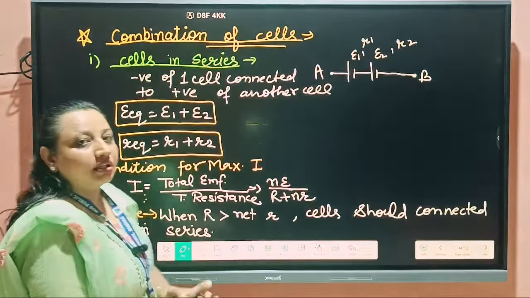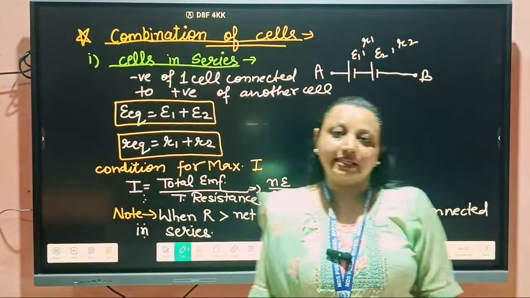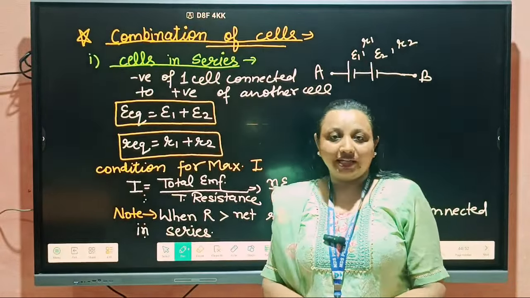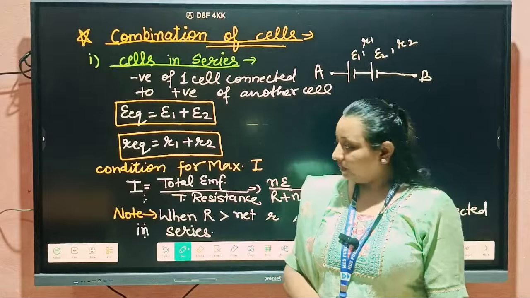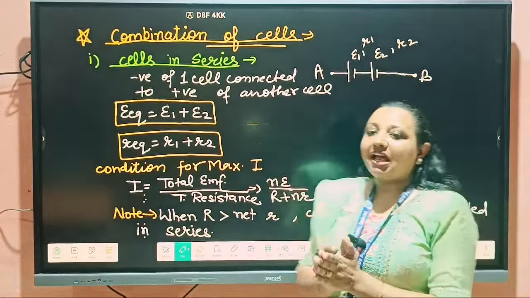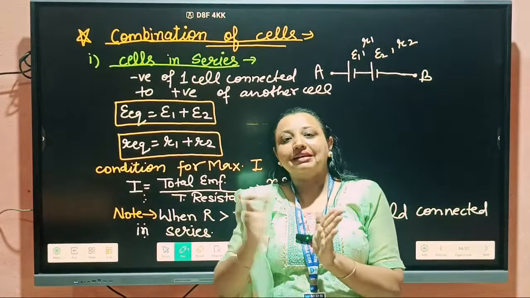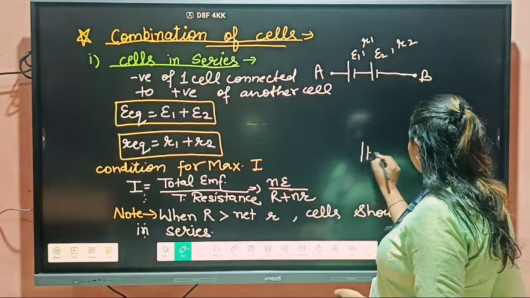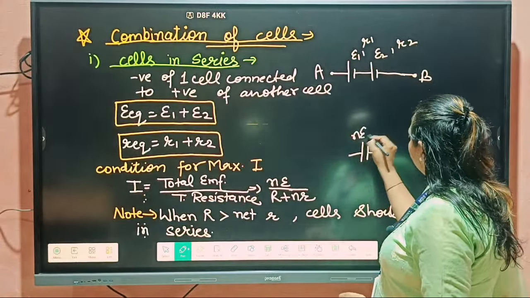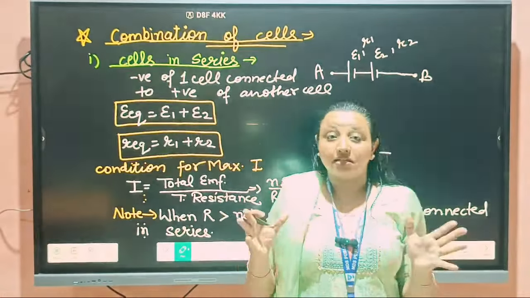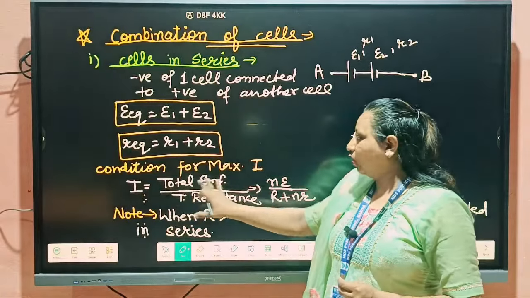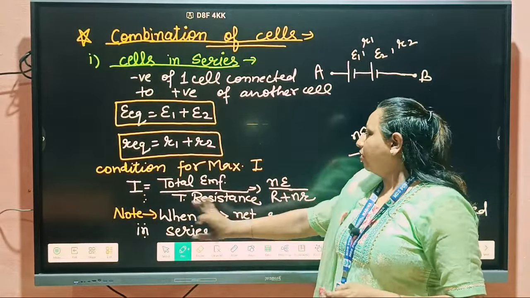There is also the condition for maximum current in series. What is that condition? As we know, I is equal to total EMF upon total resistance. If we have n number of identical cells connected in series with an external resistance, then current is equal to total EMF, that is nE, upon total resistance.